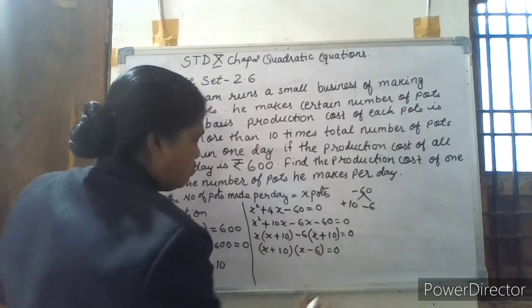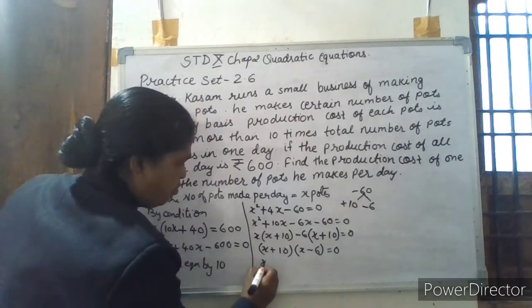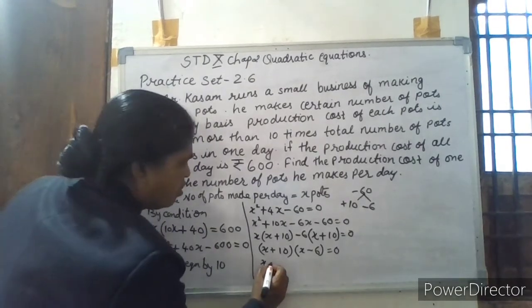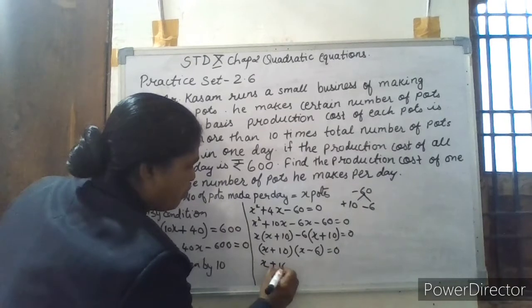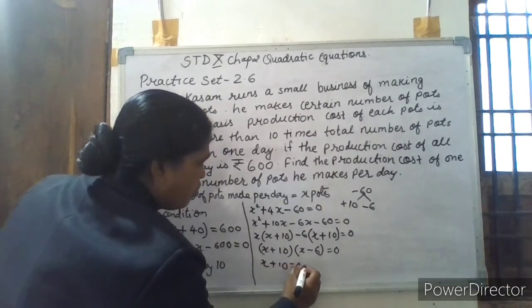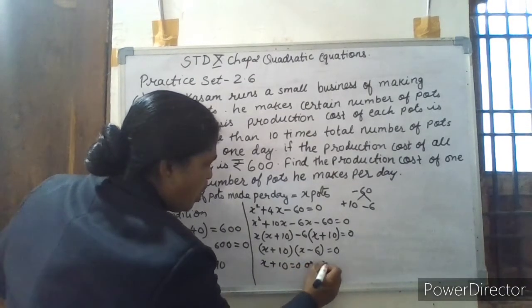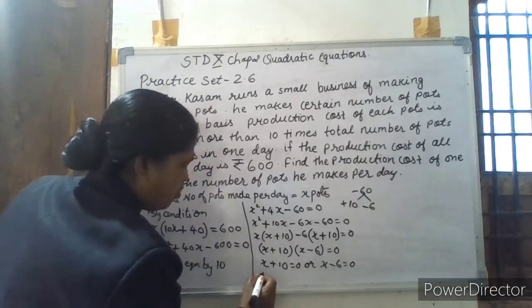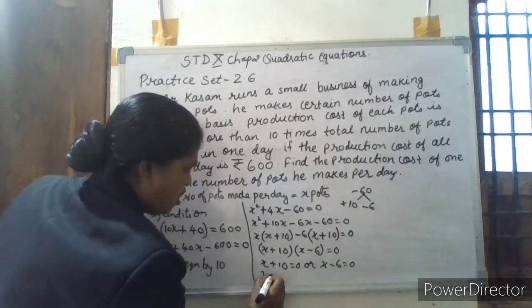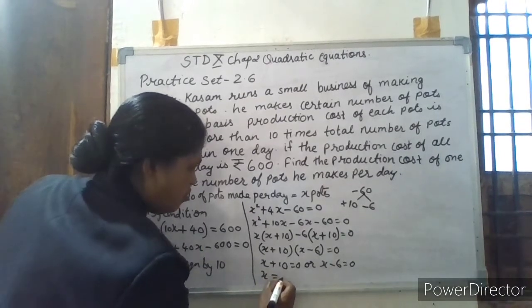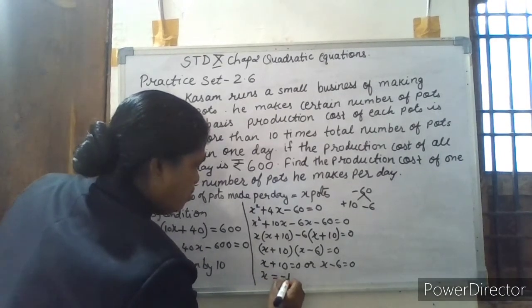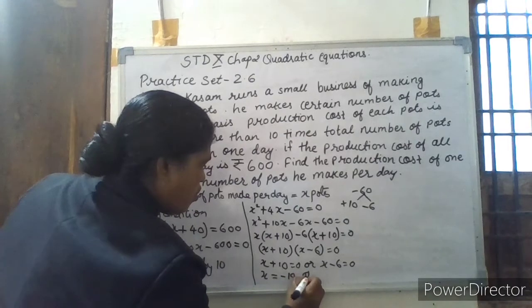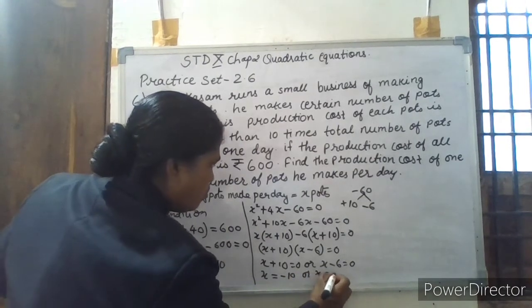Now x plus 10 equal to 0, or x minus 6 equal to 0. So x equal to minus 10 or x is equal to 6.